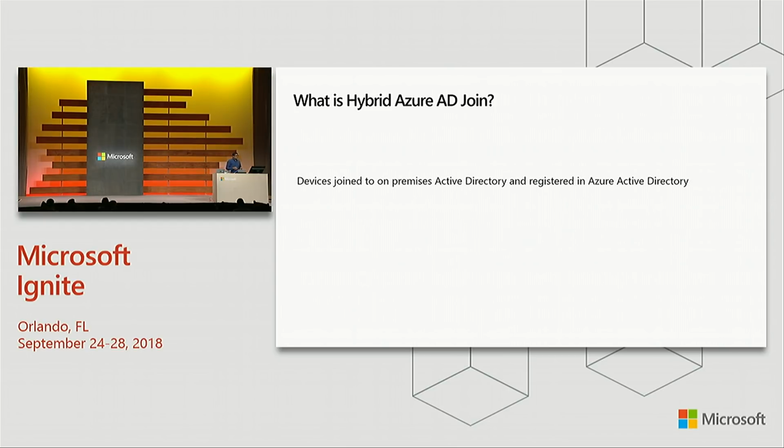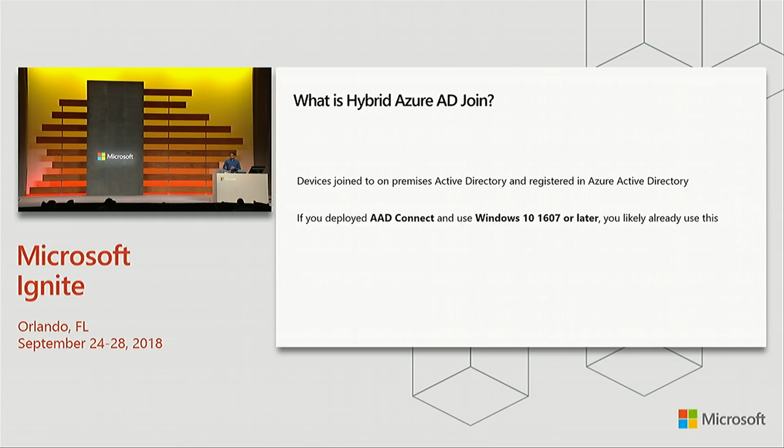We're talking about when devices are actually joined to your on-prem AD and also registered into AAD. When you get this state where a device is registered in both your on-prem AD and AAD, you enter this hybrid AAD join scenario that we referred to. The interesting thing is that if you've deployed AAD Connect and you use Windows 10 1607 or later, you likely already use this.